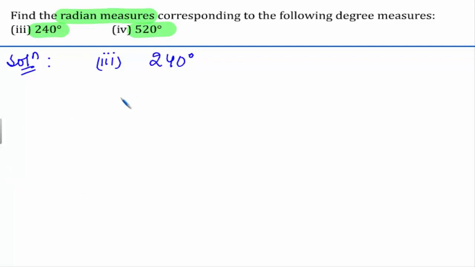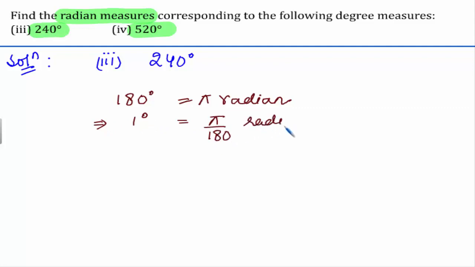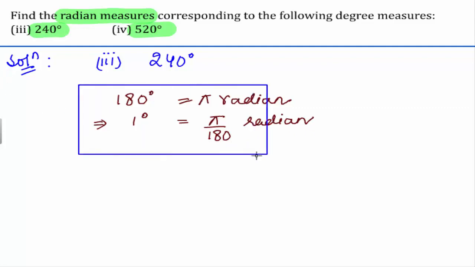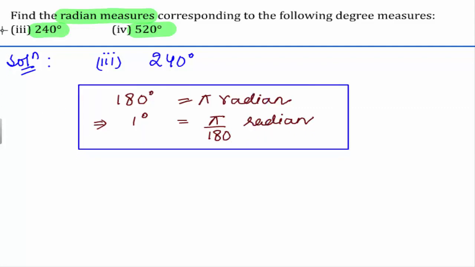Now, we know that 180 degrees is equal to pi radian. So this implies that 1 degree is equal to pi divided by 180 radian.